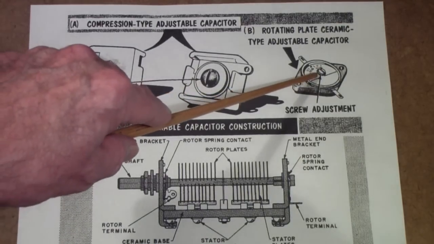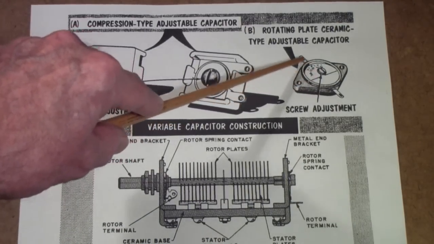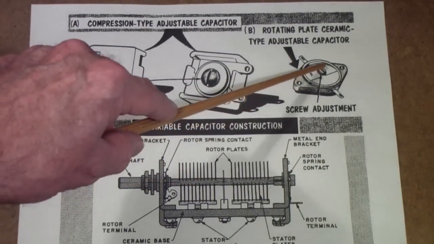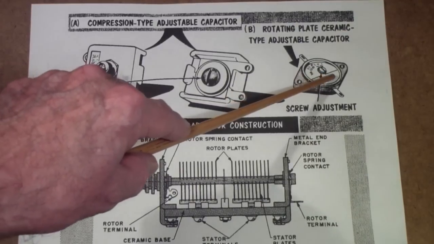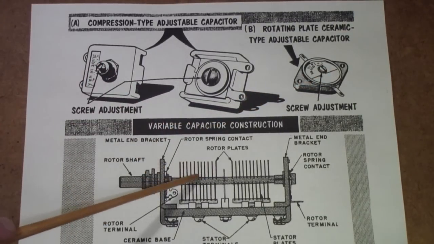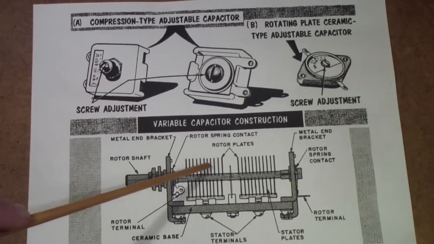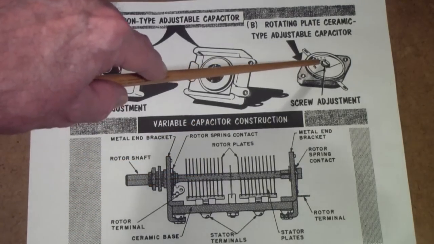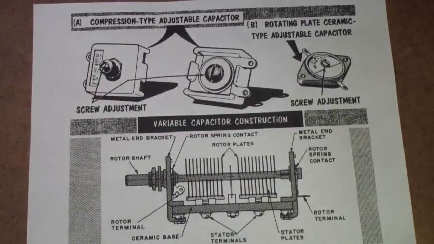They also have rotating plate capacitors like this, where basically the plates rotate just like this, but they're much closer together with little plastic spacers in between. So instead of spacing the plates apart like this, they're actually squeezed together with a very fine piece of plastic in between, and then as you turn the screw, it compresses the plates together.